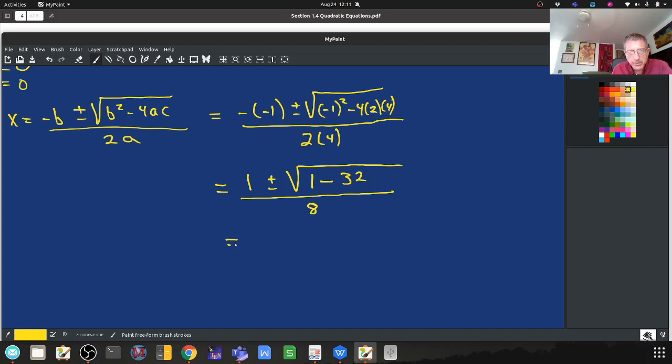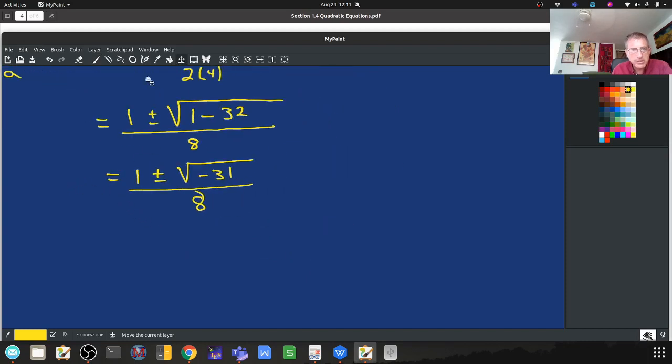So, simplify again. That's 1 plus or minus the square root of minus 31 over 8. But it's okay. We just discovered that my answer here is a complex number. So that's what x is equal to.